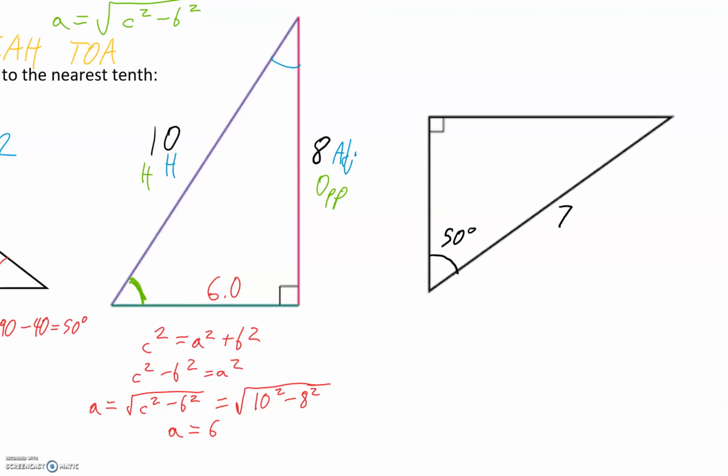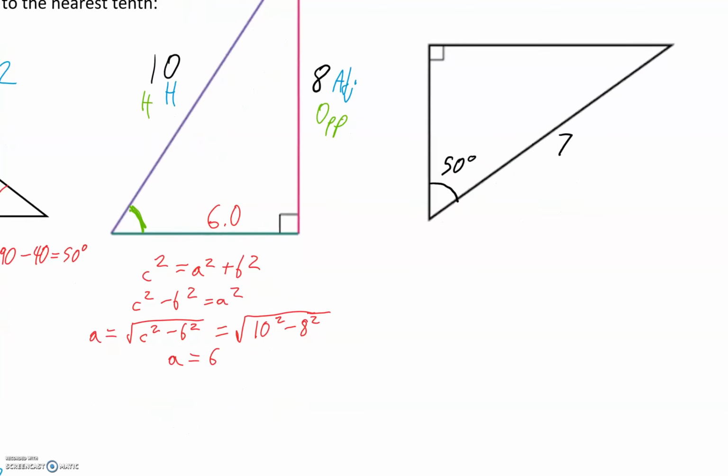So from the green perspective, sine theta equals opposite over hypotenuse. Now we have to solve for theta, so it's theta equals sine inverse of 8 over 10, which is 53.1 degrees.